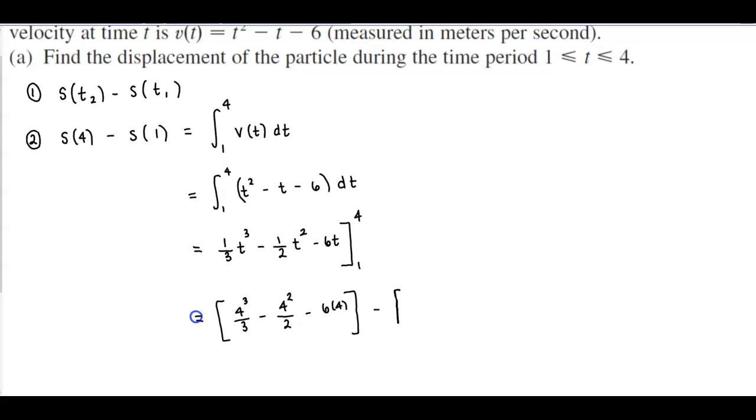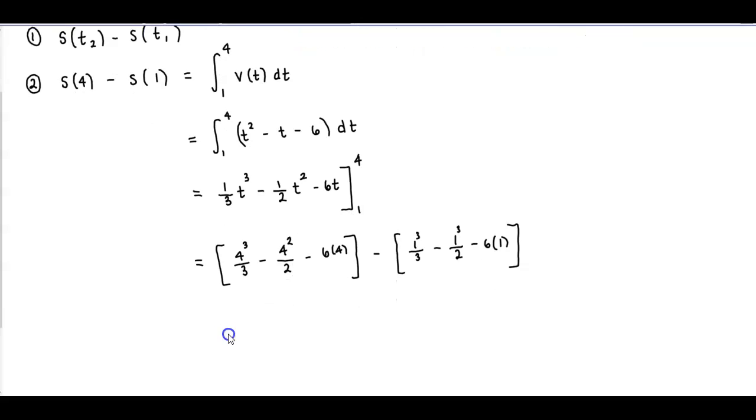And then minus now the lower limit, which is going to be 1 cubed over 3 minus 1 cubed over 2 minus 6 times 1. Okay, so we're going to go ahead and multiply this out. So we end up getting 64 over 3 minus 16 over 2 minus 24 minus 1/3 minus 1/2 minus 6.